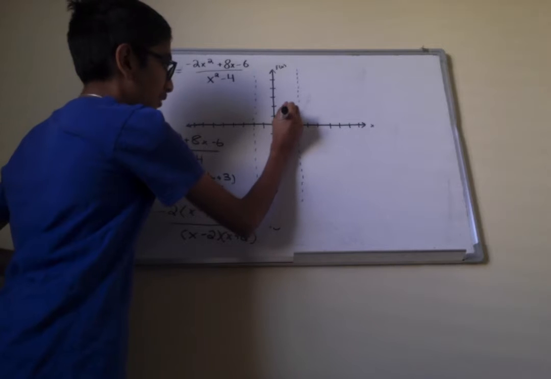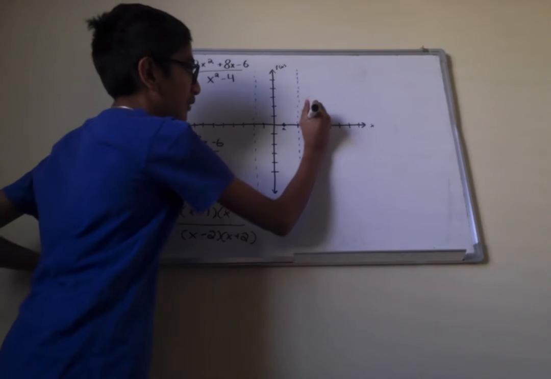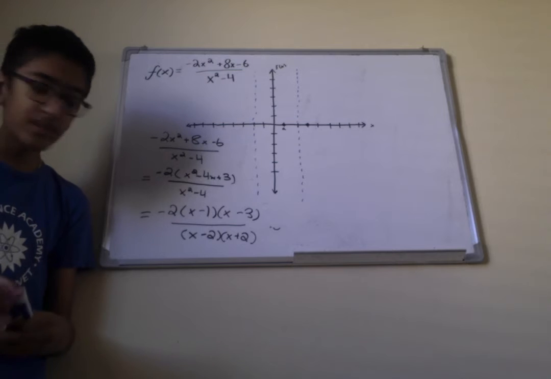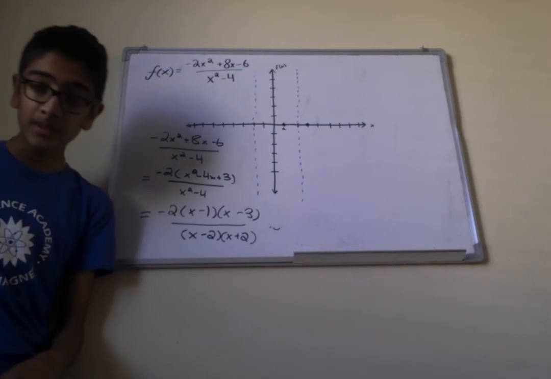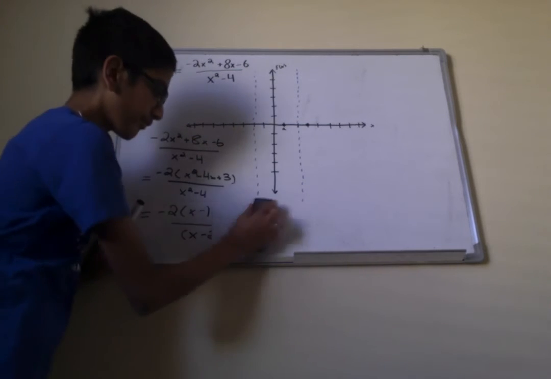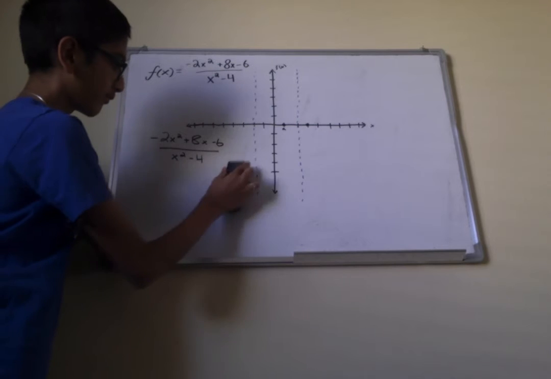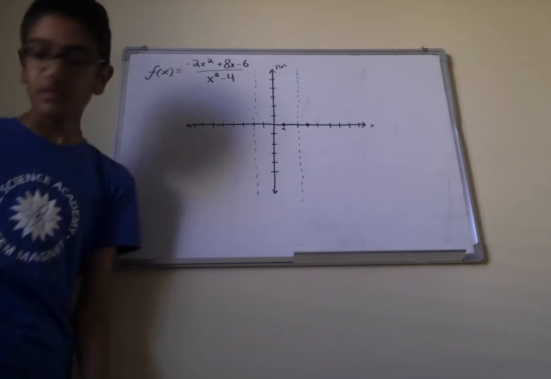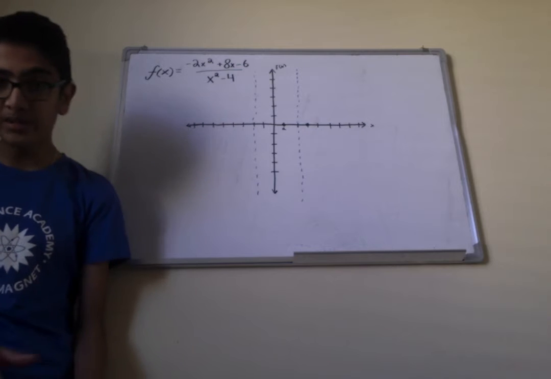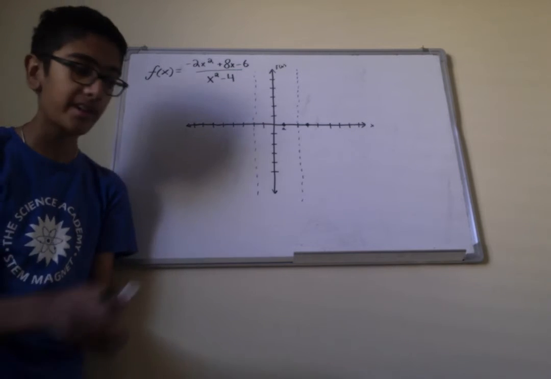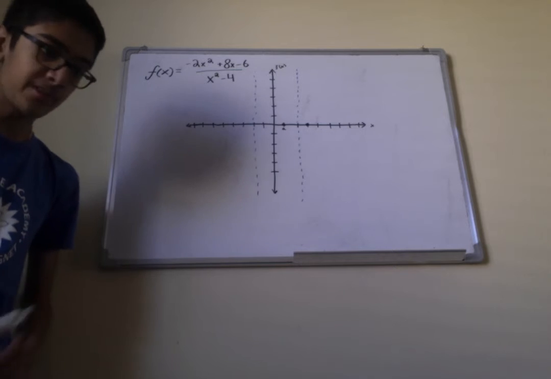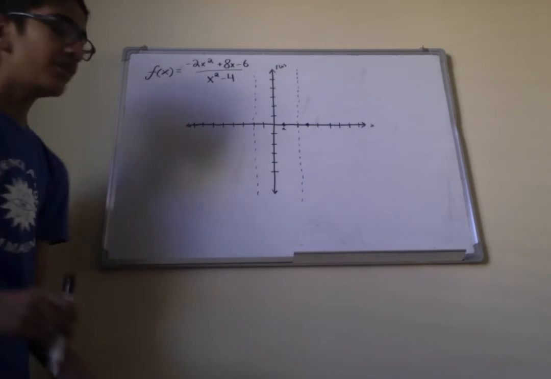We'll just dot these. +1, +3. So, now we don't have any more uses with this factored form, so let's erase it. So, now we have to find our horizontal asymptote. This one's a little trickier. Instead of factoring it out and just finding when the denominator equals 0, we have to use some intuition.